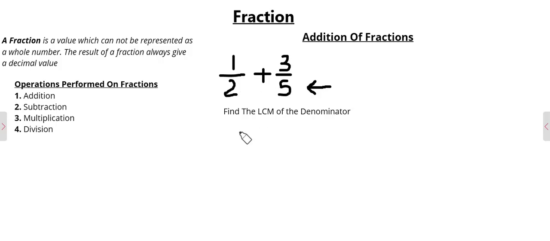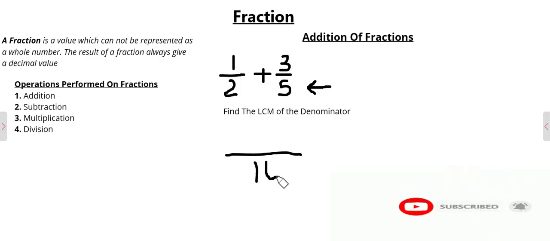So we want a number which 2 and 5 can divide without a remainder, and we are interested in the smallest number, the least number, the lowest number, whichever one you call it, which 2 and 5 can divide without a remainder. That is the LCM of 2 and 5. Now that number is 10, and I can tell you that 2 can divide 10, it's going to give you 5 without a remainder, and 5 can divide 10, it's going to give you 2 without a remainder.